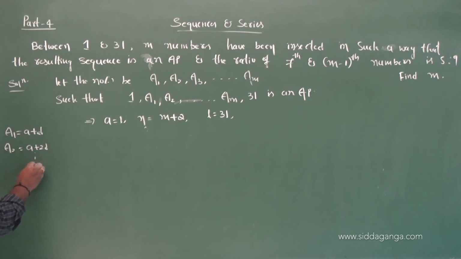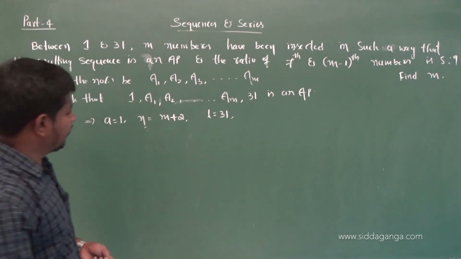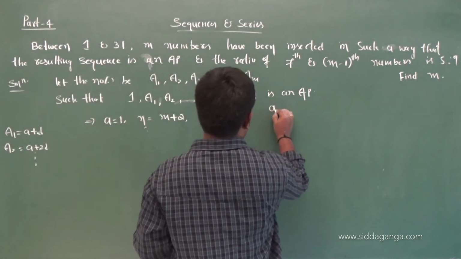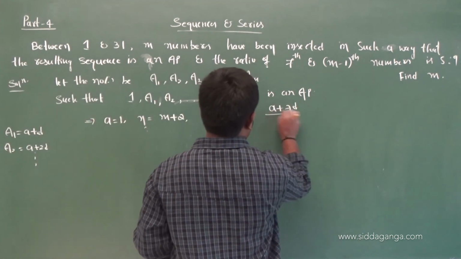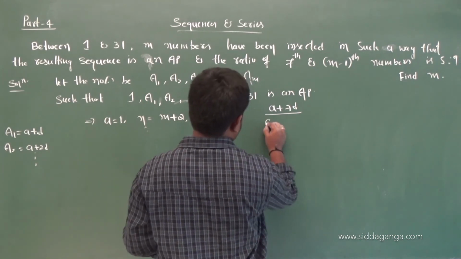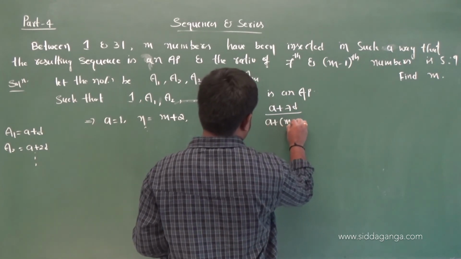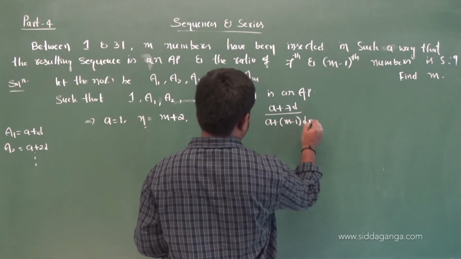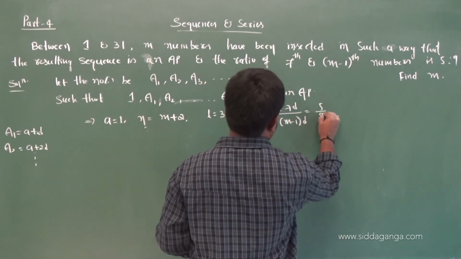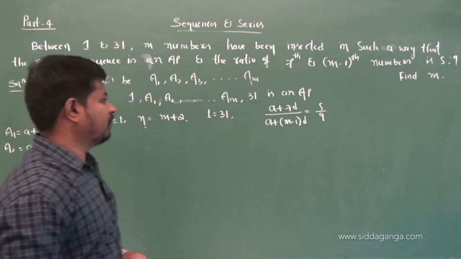In the same way, A3 becomes a plus 3d, A4 becomes a plus 4d. So A7 becomes a plus 7d, and the m minus 1th term becomes a plus (m minus 1) into d. Given 5:9, this is true for what value of m?